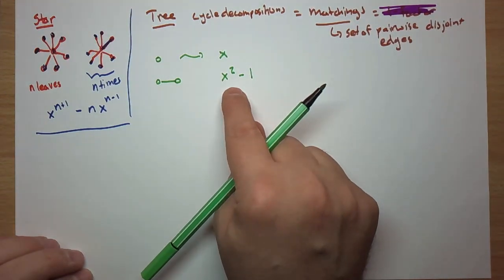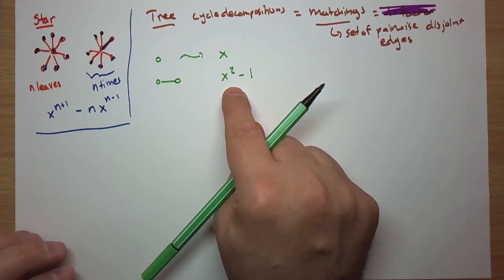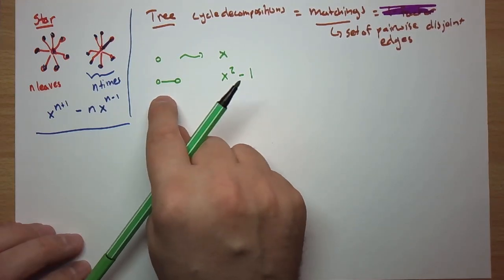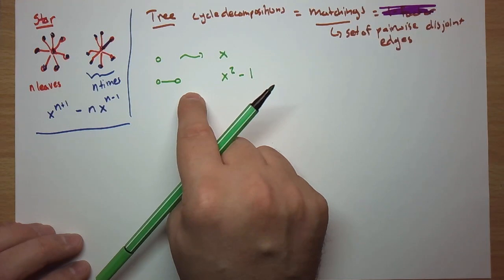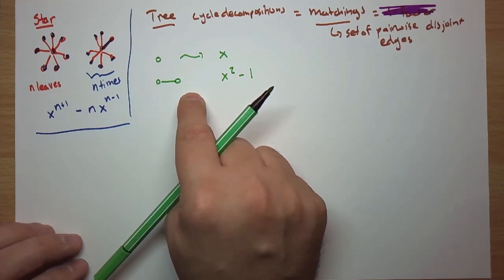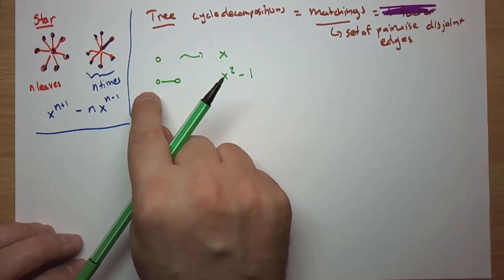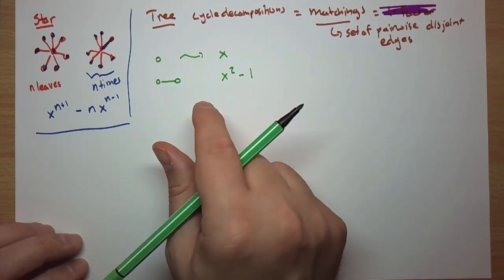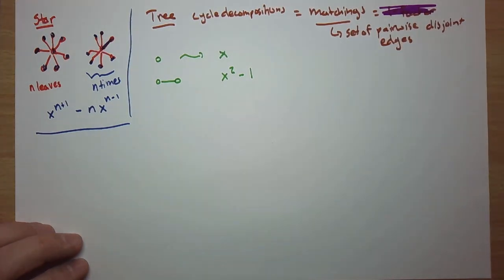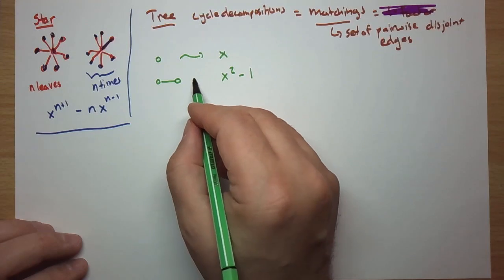And you can check to see if this is true, because what are the roots of x squared minus 1? Plus minus 1. This is K2, and we know how to compute the eigenvalues of K anything. So 1 is an eigenvalue because it's one regular, and then the other eigenvalues are all minus 1.